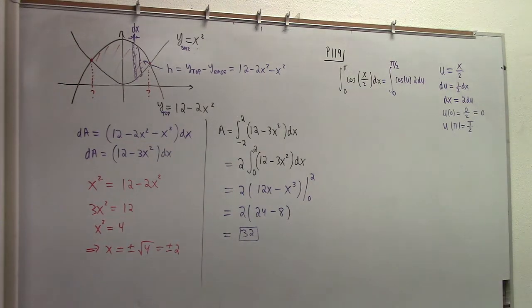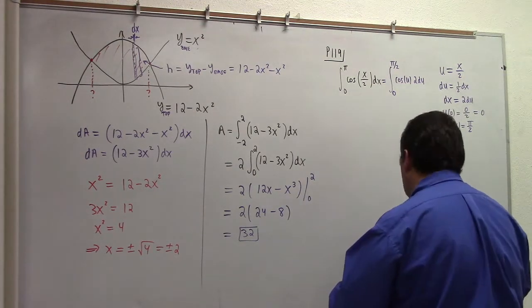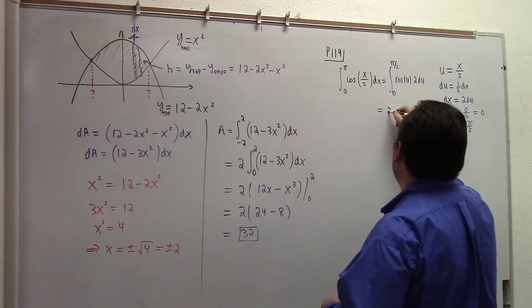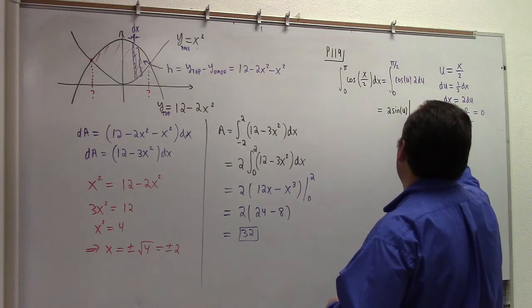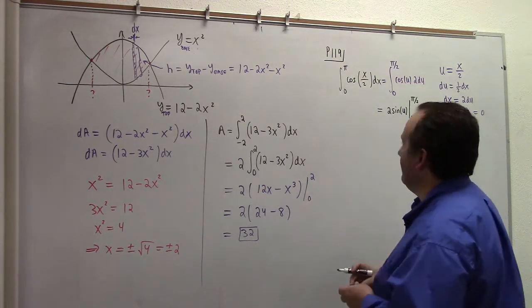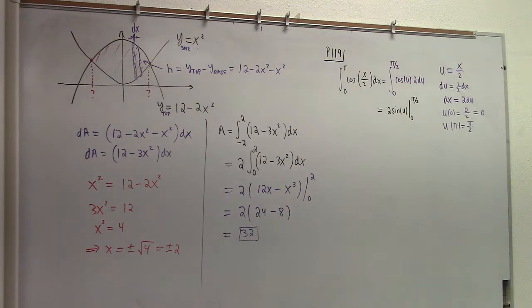Once you have that, you should be able to do it, right? What's the integral of twice cosine? It's 2 times the sine of u, isn't it? And I've got to evaluate it from 0 to pi over 2, right? Does that make sense? Yeah.